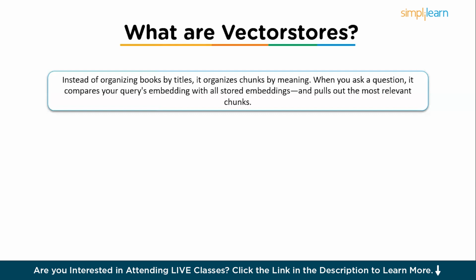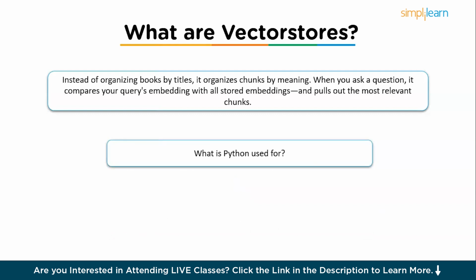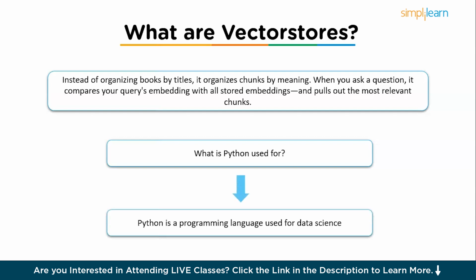When you ask a question, it compares your query's embedding with all the stored embeddings and pulls out the most relevant chunks. For example, you ask, what is Python used for? The system converts your question into an embedding and searches the vector store for the closest match, which might be the chunk we saved earlier. So the answer is, Python is a programming language used for data science, and boom, that's your answer.